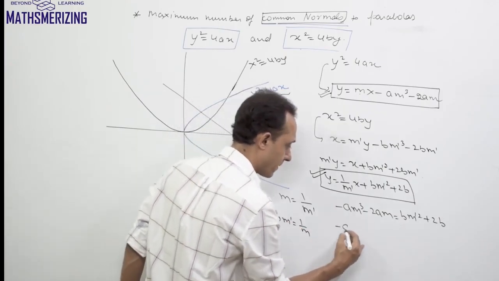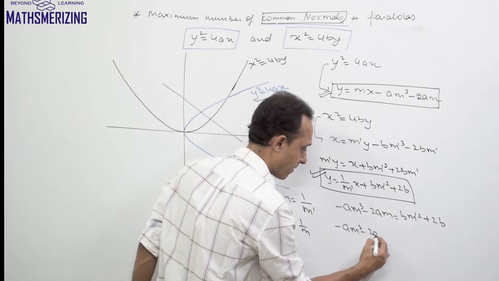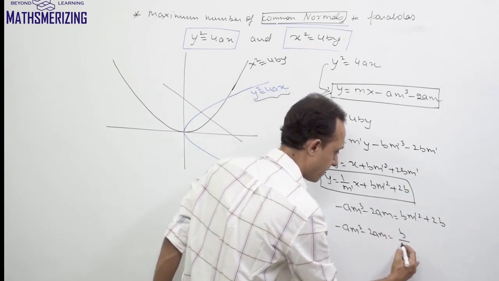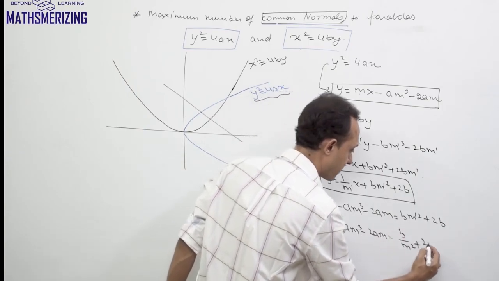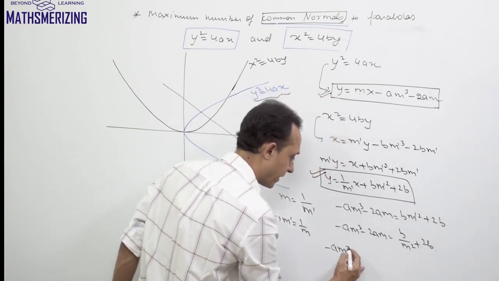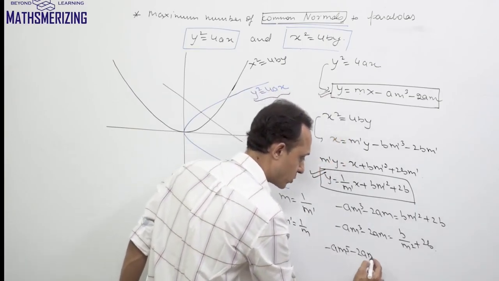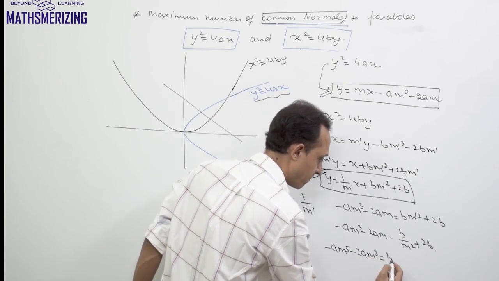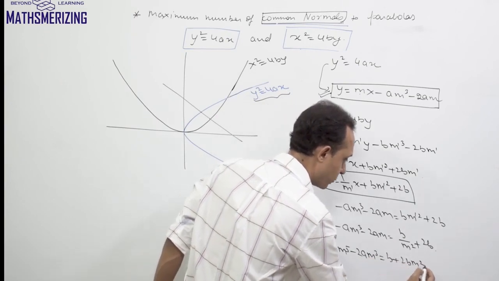So I'll write am cube minus twice am equals b upon m square plus 2b. If I multiply, I'll get minus am to the power 5 minus twice am cube equals b plus 2bm square.